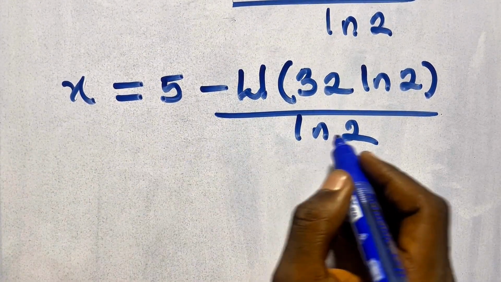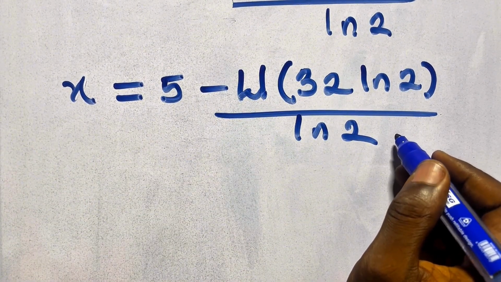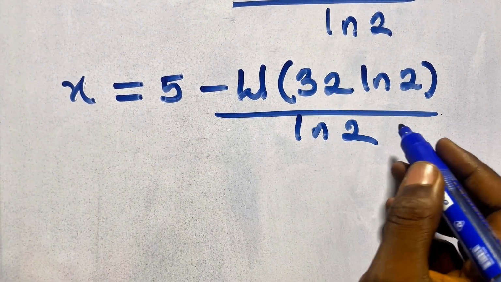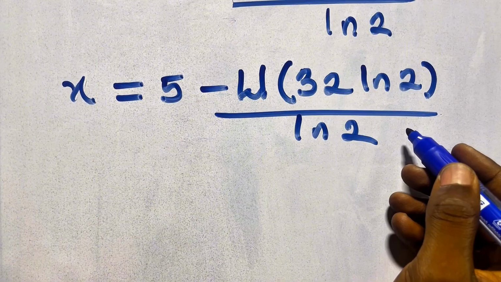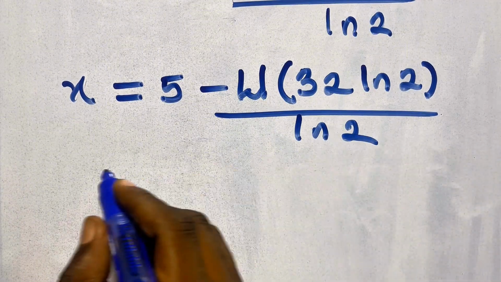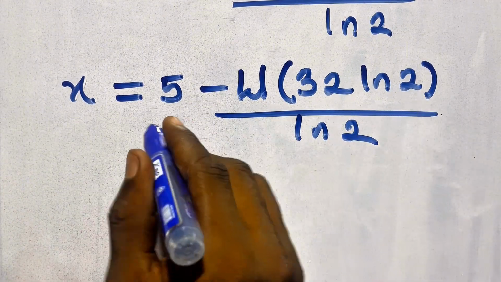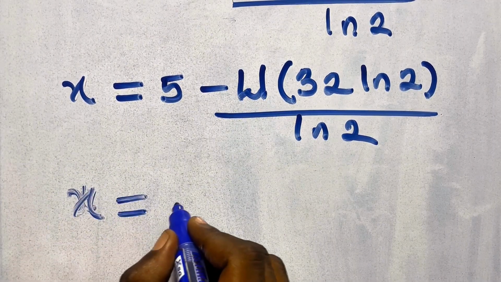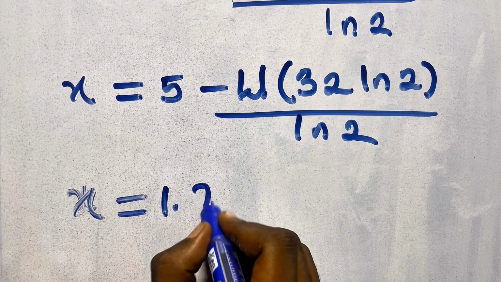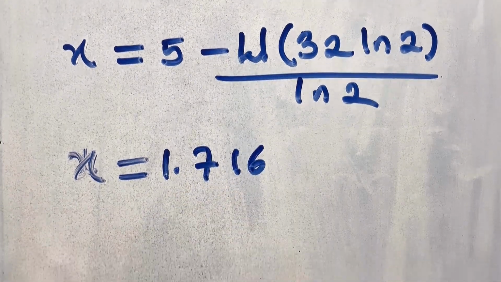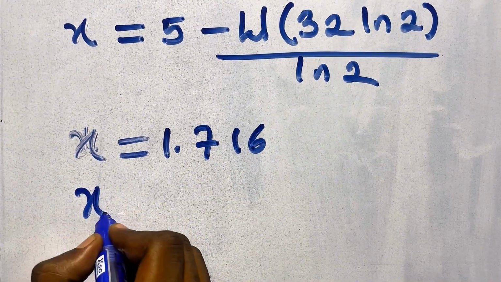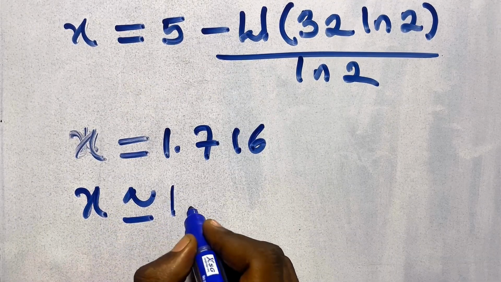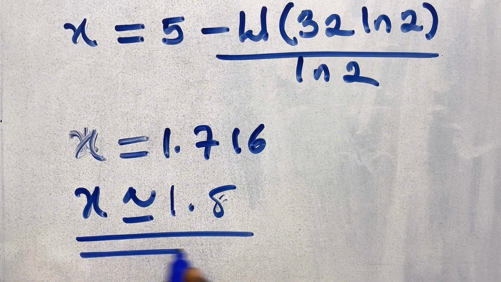So you can leave your answer like this. However, you can also find the value of this using the Wolfram calculator and substitute, and you have your final answer for x to be 1.716. Possibly you can approximate your value of x to be 1.8. So this is our final answer.